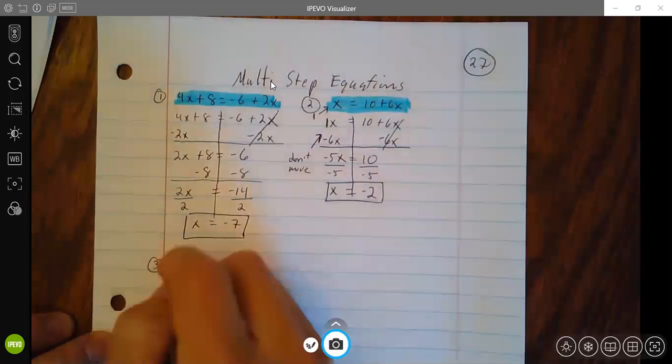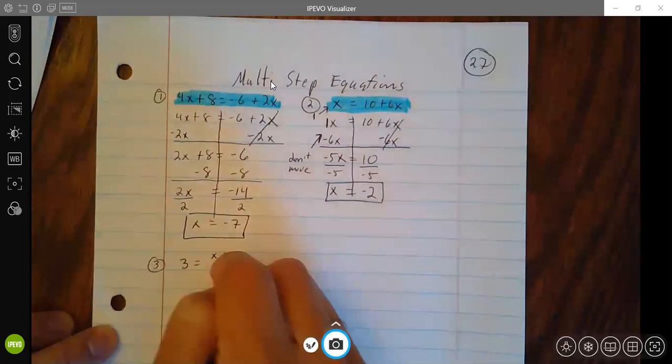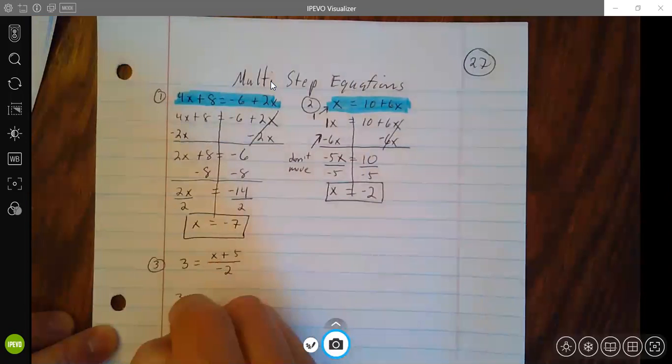This one is from a few assignments ago. 3 equals x plus 5 over a negative 2.